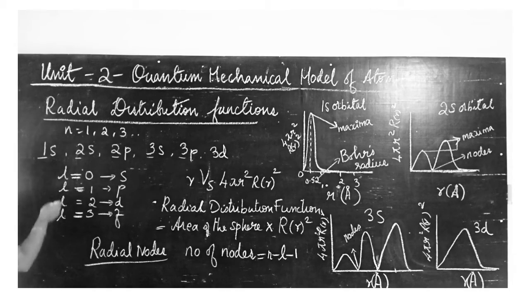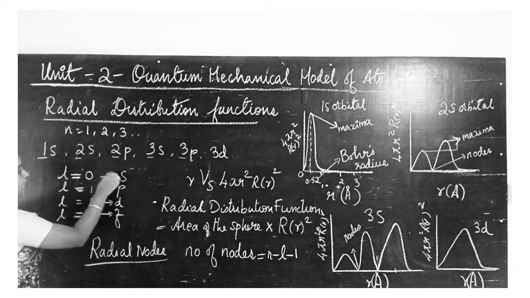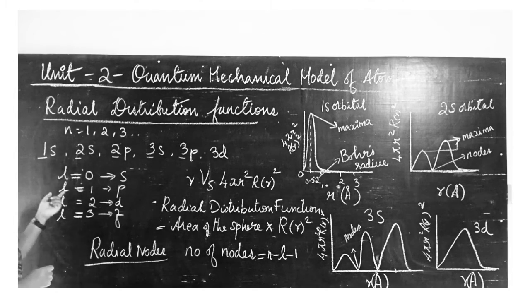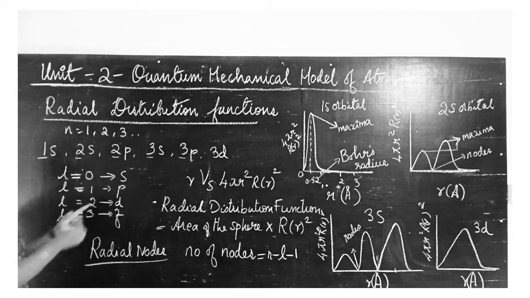Yes. Now, by using the value of n, we can write the value for l. n is your principal quantum number and l is your azimuthal quantum number. When the value of l, the azimuthal quantum number, is equal to 0, that indicates the s orbital. When the value of l is equal to 1, then it is p orbital.